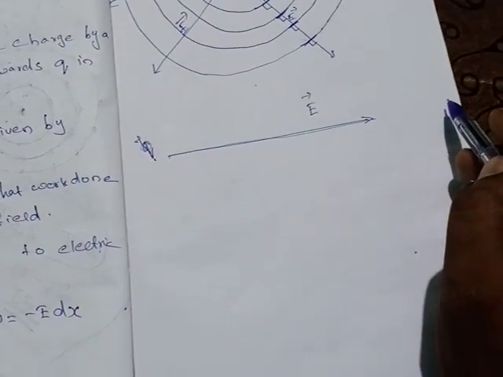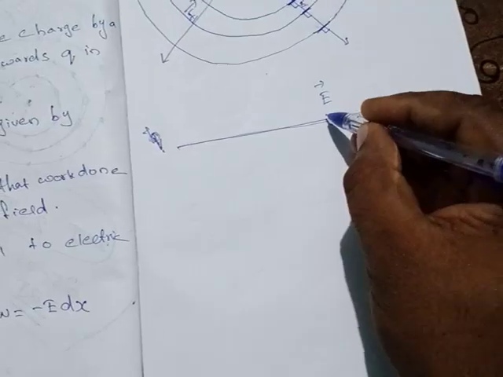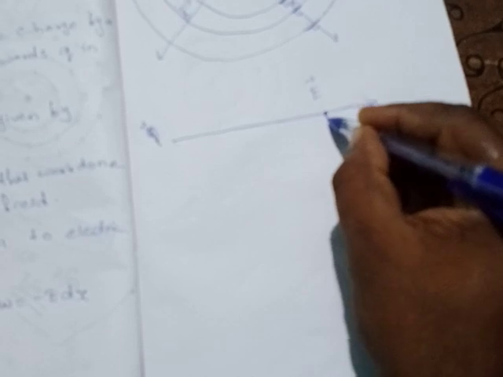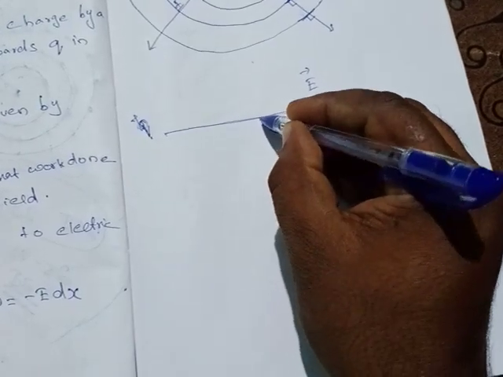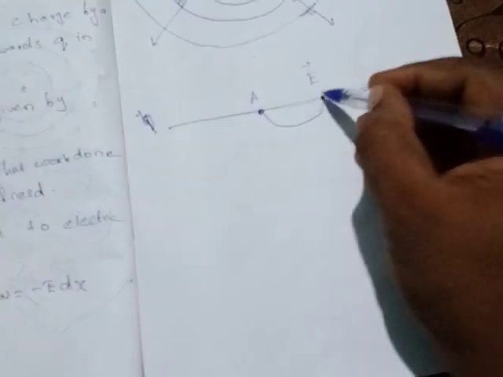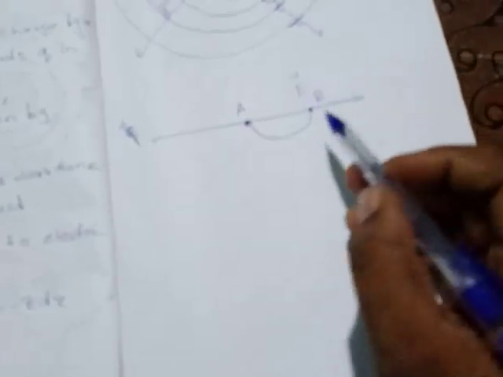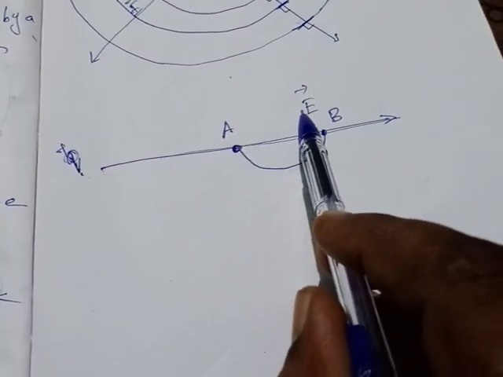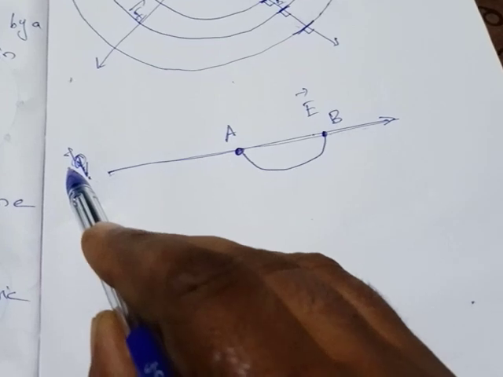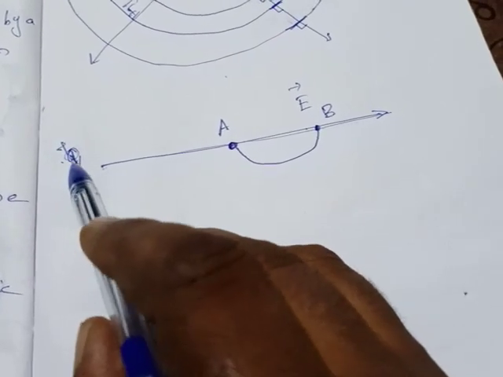Now assume that you are bringing a unit positive charge and from this point to this point you are moving. Now you can consider this A, B. So you see, this is an electric field line. You are placing a plus Q charge here.